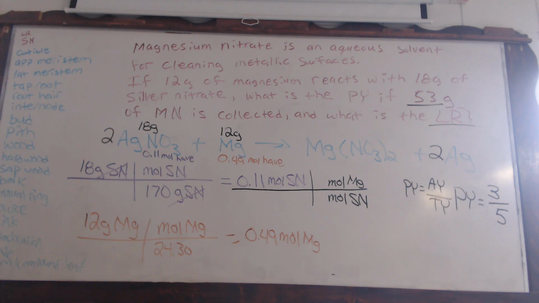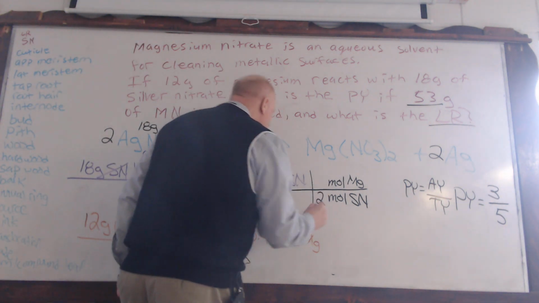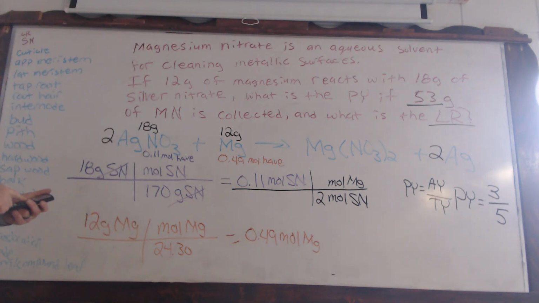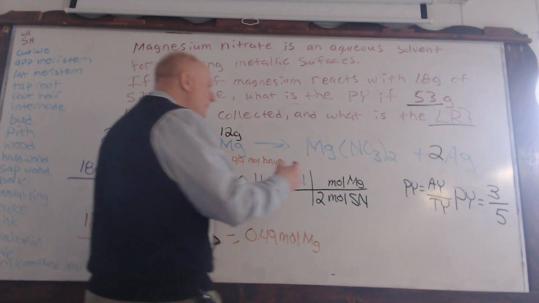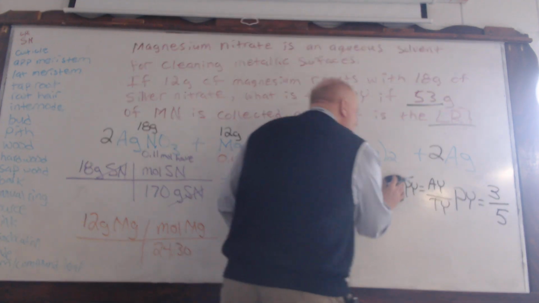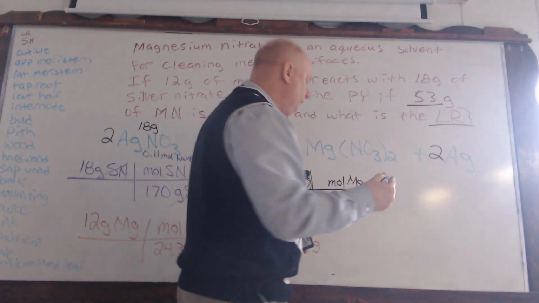Wait. Okay? And where does the coefficient belong? Okay? So now, when we take 0.11 and we divide that by 2, that gives us 0.06. Okay? We can erase all of that. Okay? 0.06.